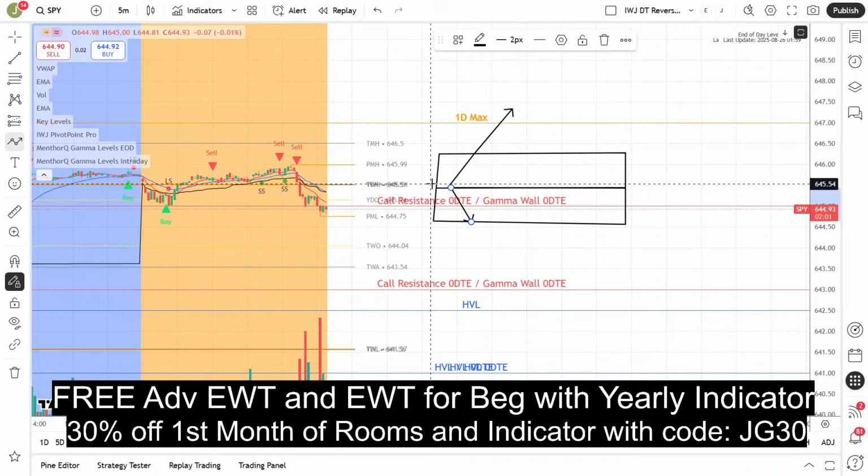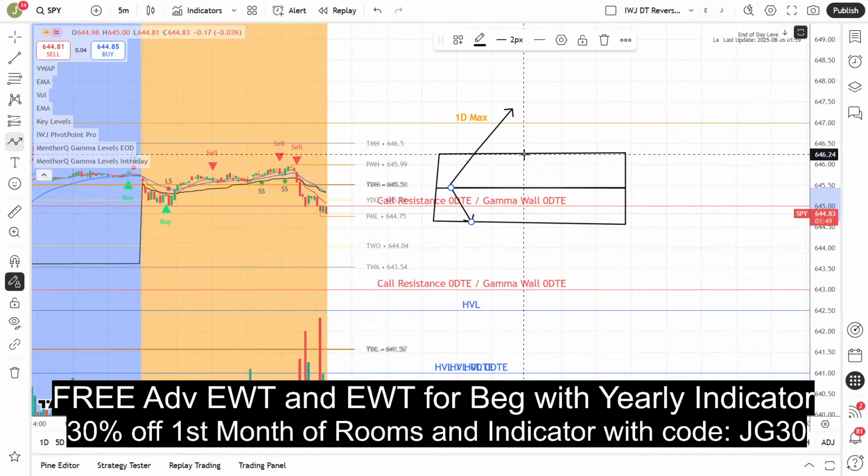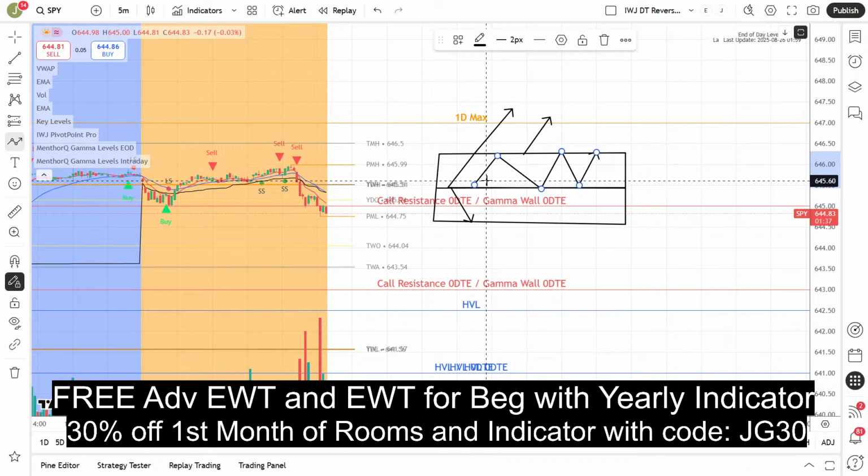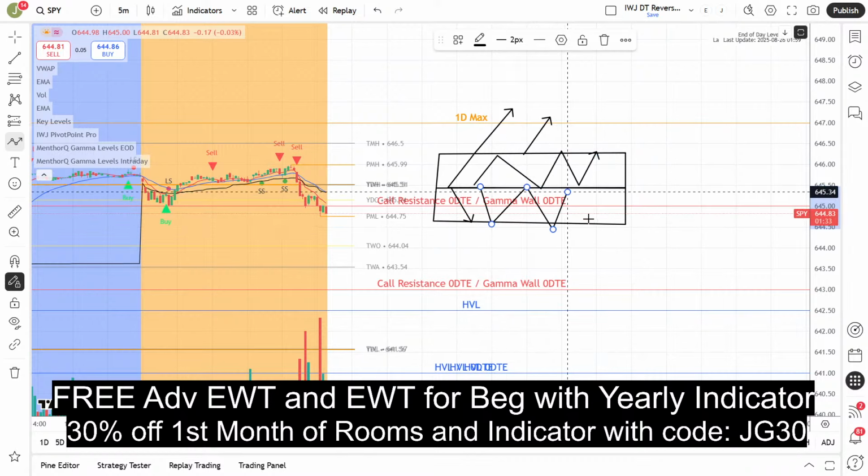But in our case, we win about 6 or so out of 10. And of those 6, 2 or 3 usually are runners. And then you have like 3 or 4 that are just 20% winners or so, smaller winners. Those 6 wins cancel out the 4 losses, right?